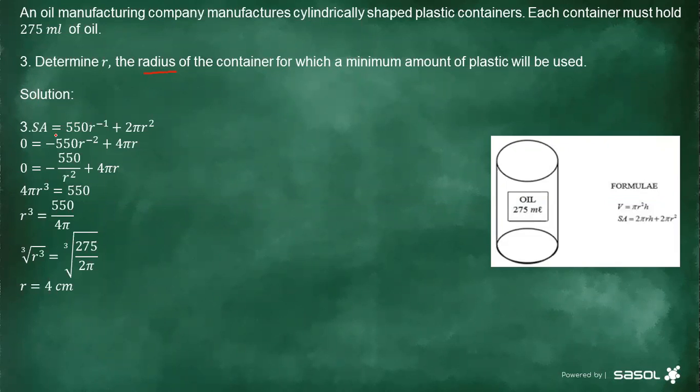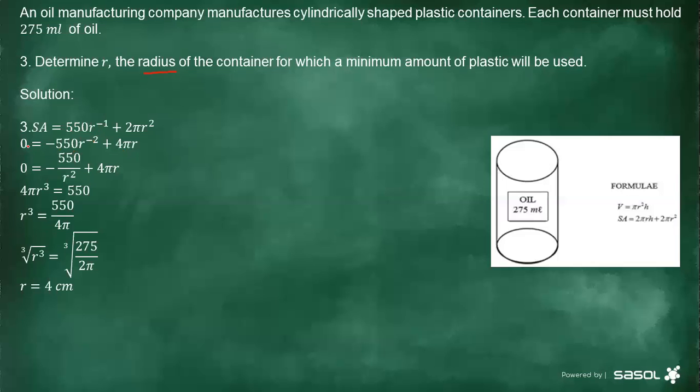First, you write the surface area that we obtained from the previous question. Now we want to differentiate this, but we don't want to see a fraction, because previously it was 550 over r. We write it in this manner so that we can apply the rules of differentiation. After differentiating, this is what we have.